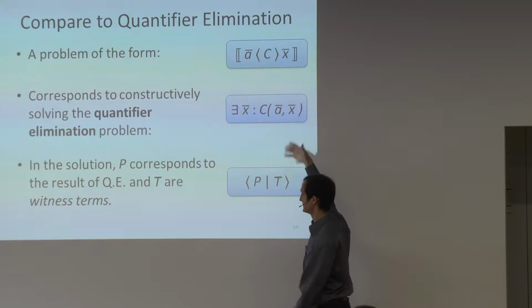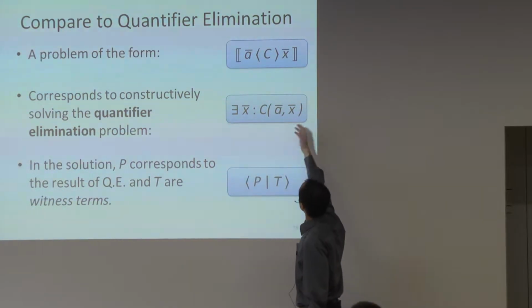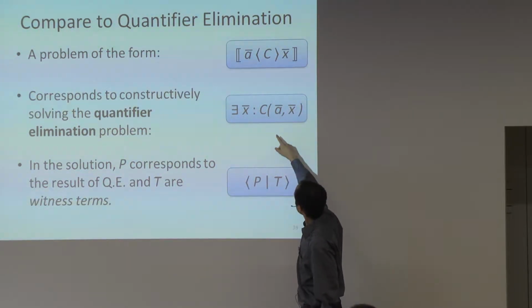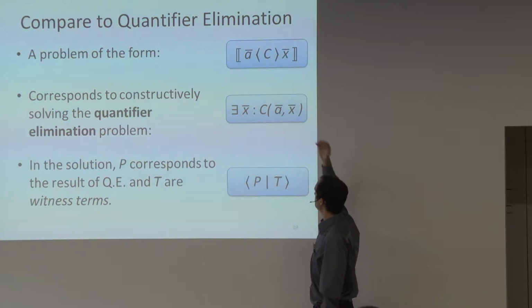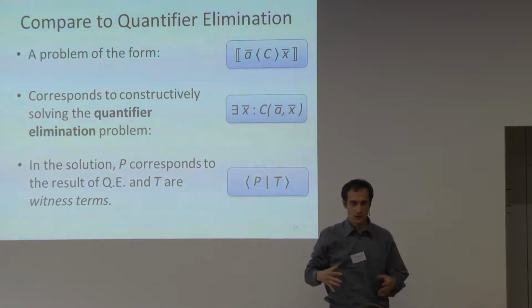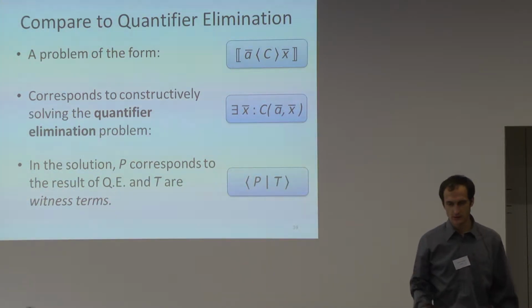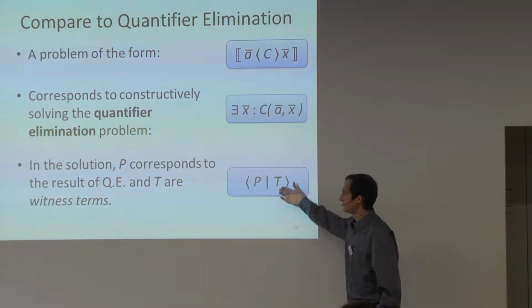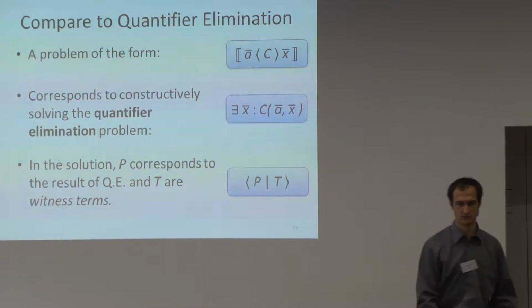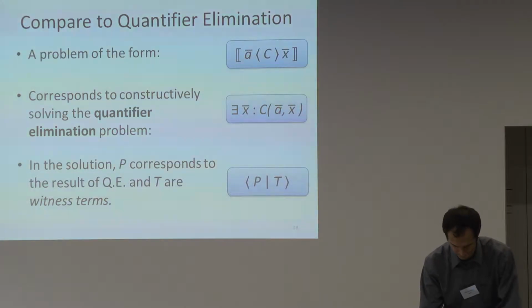Does there exist an X? And in this result, the precondition that you compute at the end is the result of quantifier elimination, whereas the program that you compute are witness terms for these quantifiers. Okay.